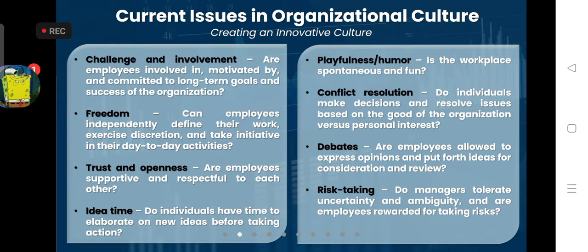Do you wonder what an innovative culture looks like? According to Swedish researcher Goran Ekvall, it would be characterized by the following: challenge and involvement. Are employees involved in, motivated by, and committed to the long-term goals and success of the organization?